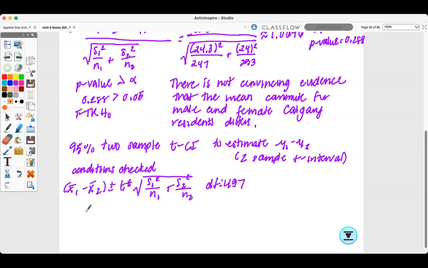X bar 1 minus x bar 2 is 2.3 plus or minus my t star, which would be 1.965, times the square root of 24.3 squared all over 247 plus 24 squared all over 253.